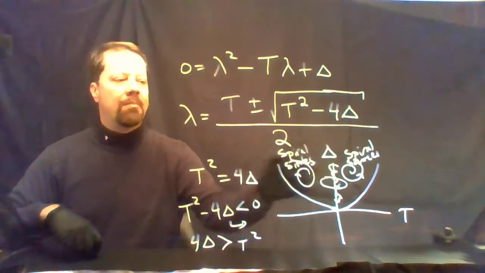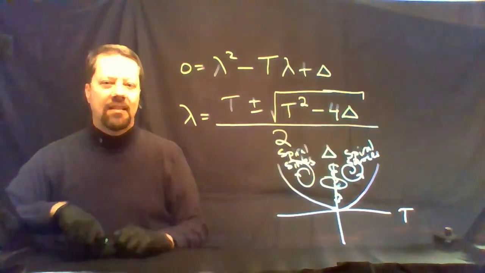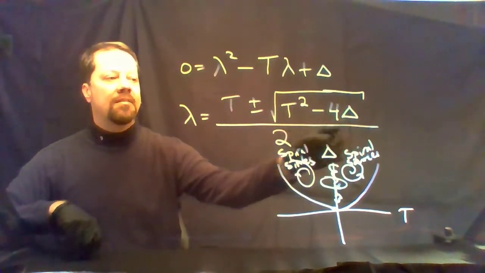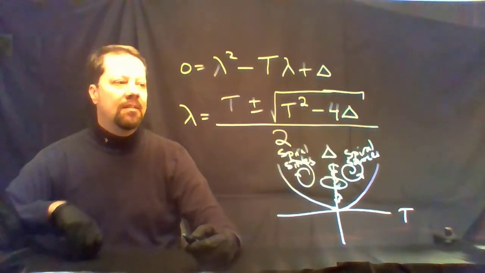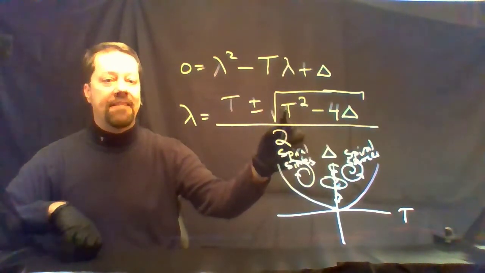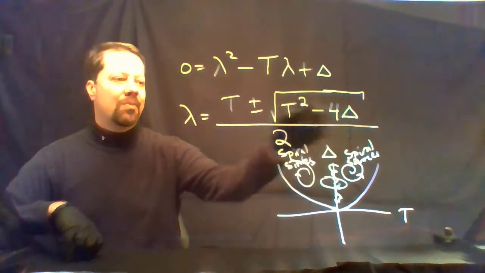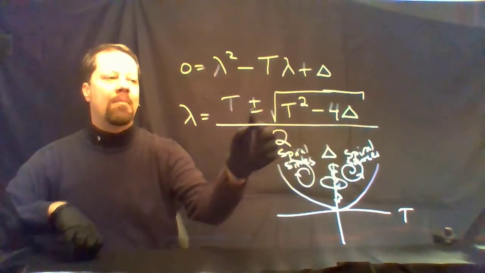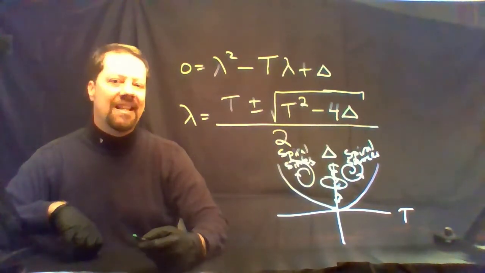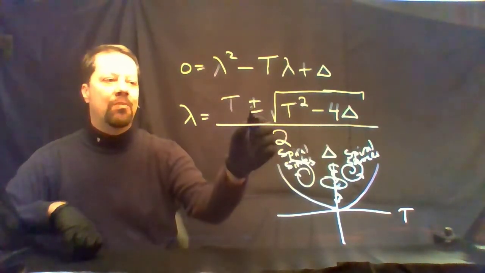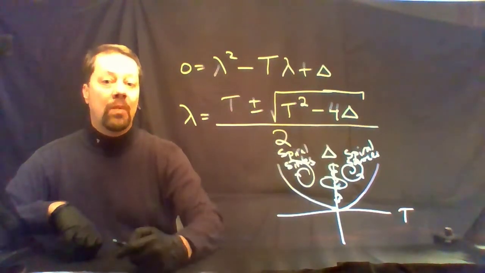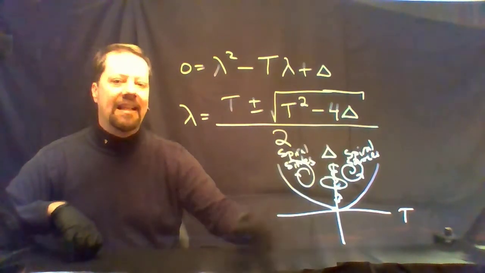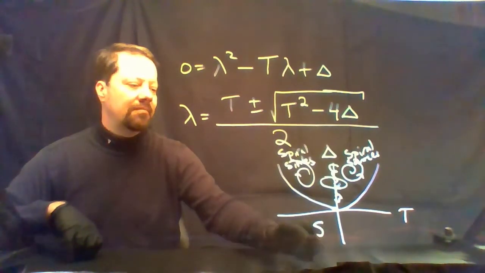So centers lie on the positive delta axis. Notice that if delta is negative, then the thing underneath the square root, the discriminant, will be not only positive but bigger than t squared, so after you take the square root, that means since you have a t here and then plus or minus something that's larger in magnitude than t, one eigenvalue will be positive and the other one will be negative. That means everything in the lower half plane where delta is negative is a saddle.